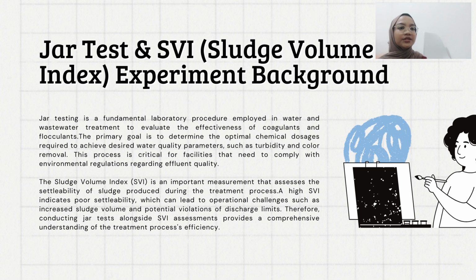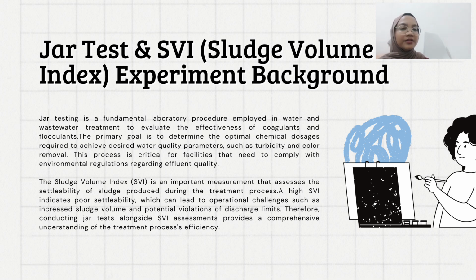The primary goal is to determine the optimal chemical dosage required to achieve desired water quality parameters, such as turbidity and color removal. This process is critical for facilities that need to comply with environmental regulations regarding effluent quality.